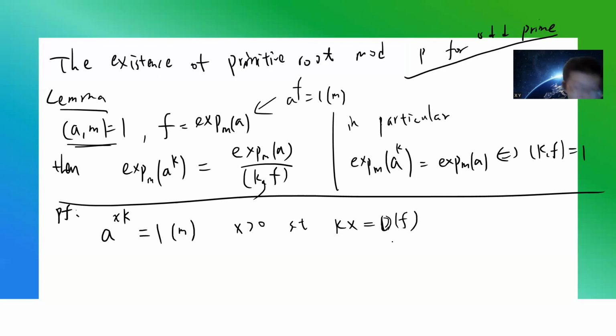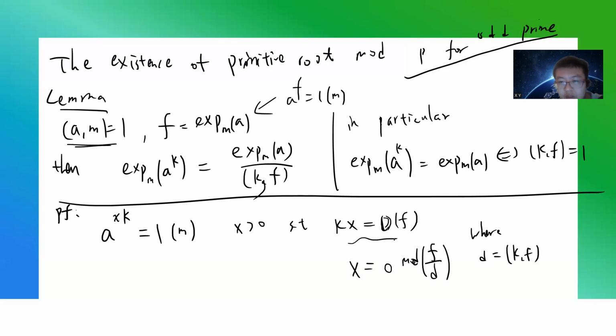This is the same as x equals 0 mod f divided by d, where d is gcd(k, f). If gcd(k, f) is 1, then x must be the same as f, otherwise you can use the GCD. This is the definition of the greatest common divisor.